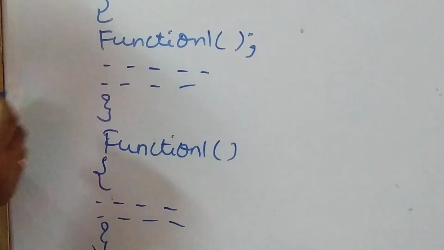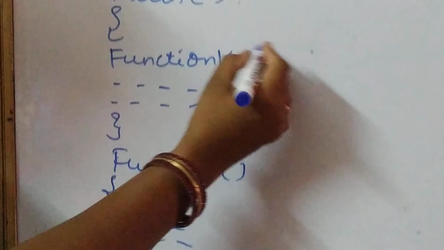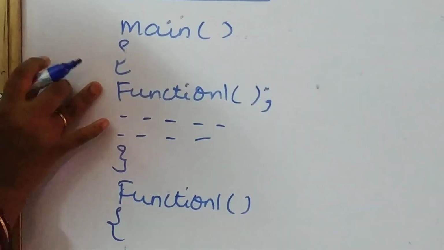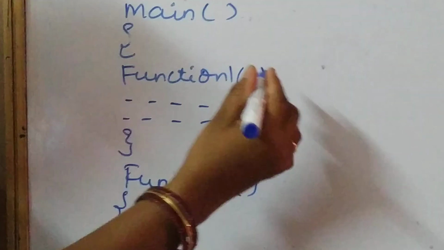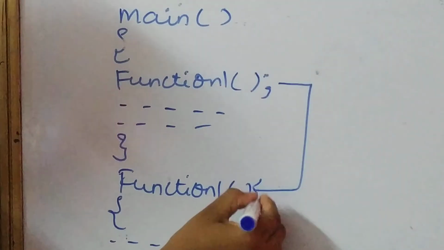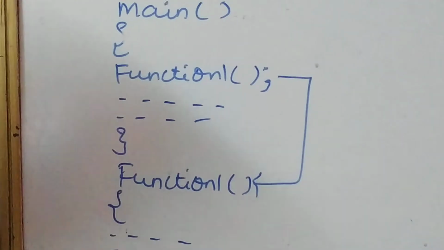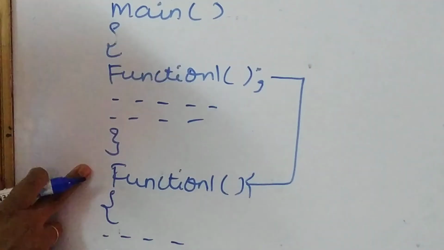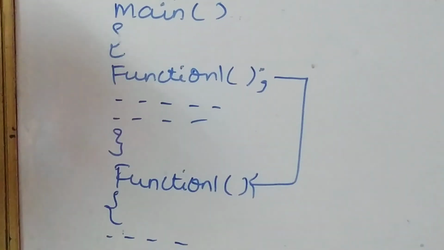So you can see here how we are going to run the program. This is the main function and this is the function call. In this way it is going to call. This is the function definition, and by the function definition it is going to run.